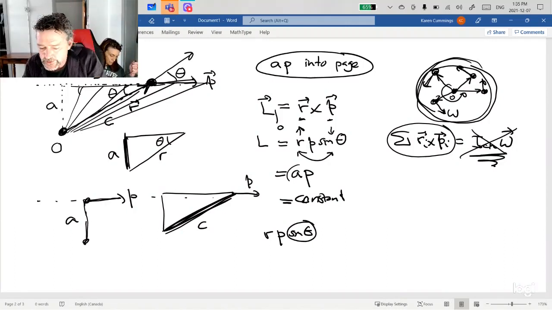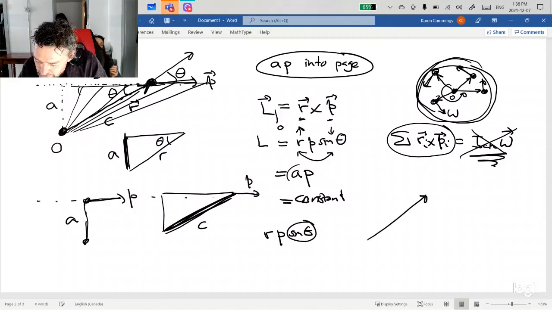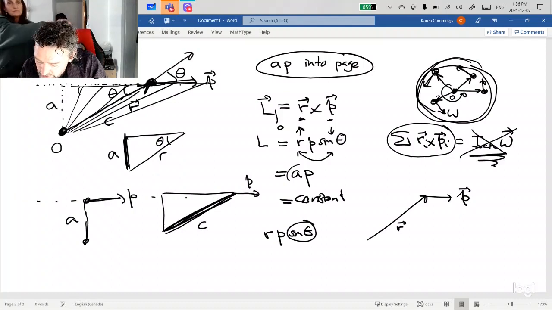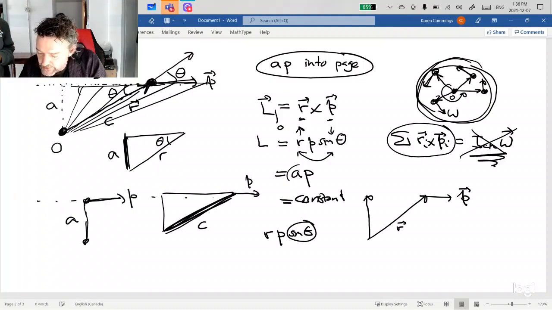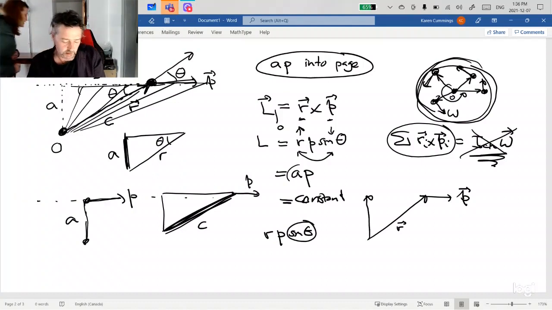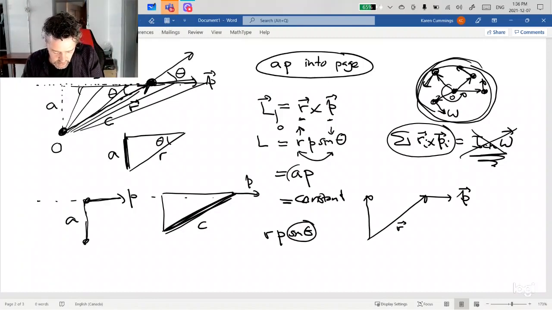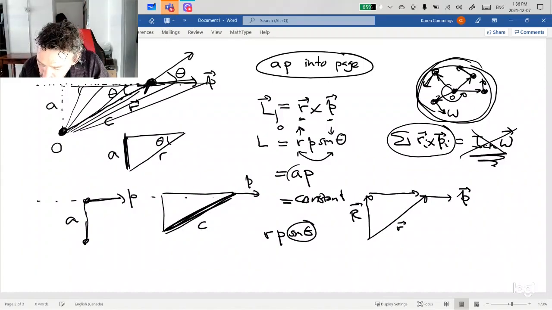I guess another way to see this is, if this is your R and this is your P, then you can write R as the vector big R plus, I don't know, let's call this R prime.